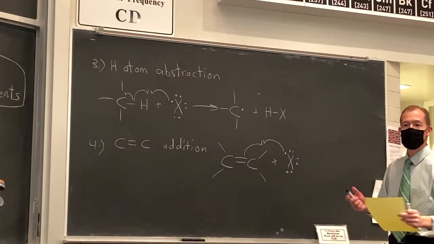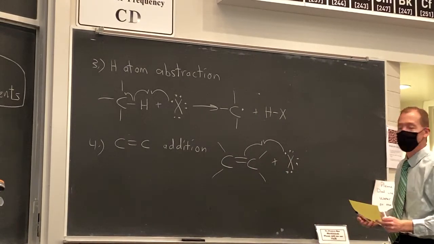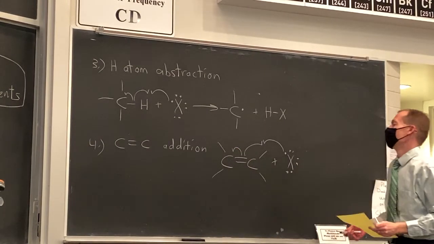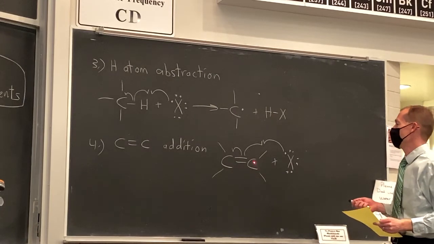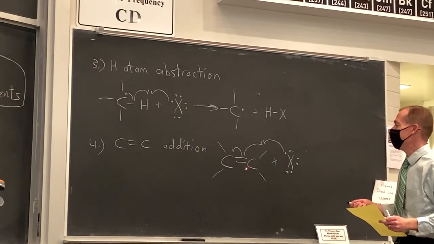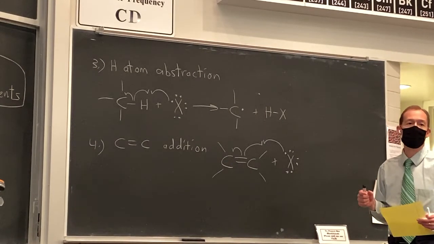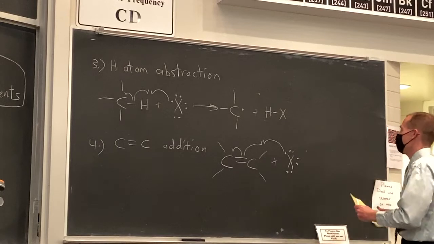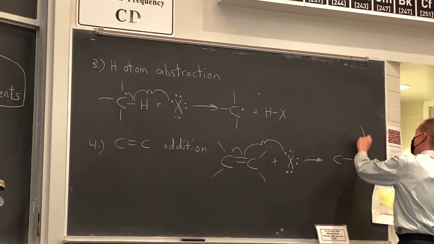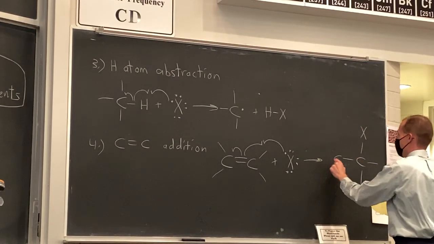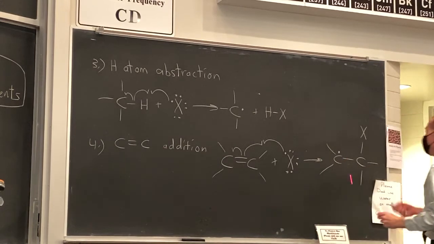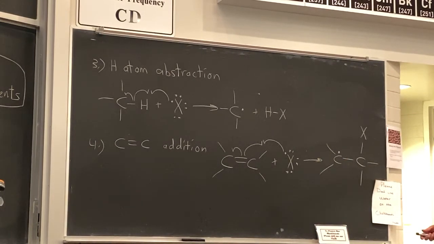By adding to the alkene, we're going to break the carbon-carbon pi bond. And what that's going to do is give us a new carbon-halogen sigma bond and put a radical on the carbon that was part of the alkene that is not bonded to our halogen. So our product is going to look like this. These are the valences that aren't being used. And then we have our radical here, okay?